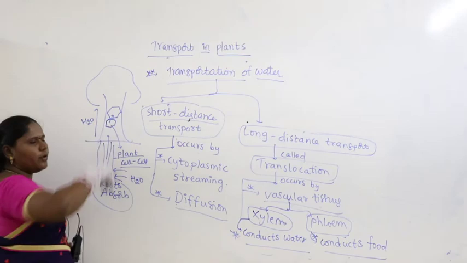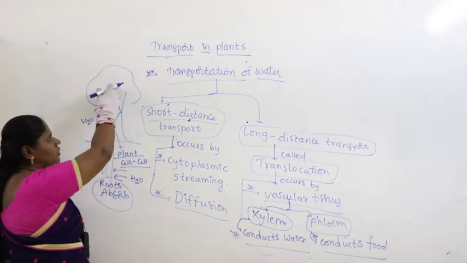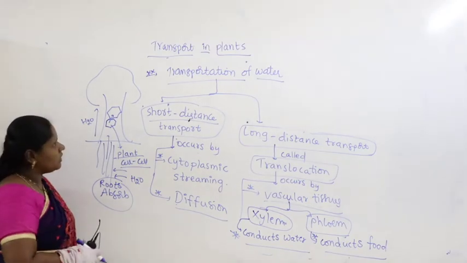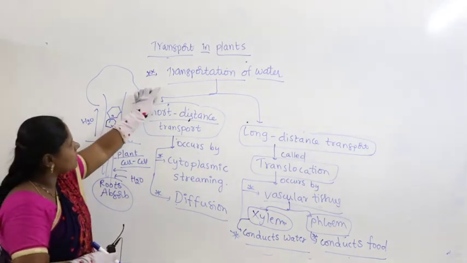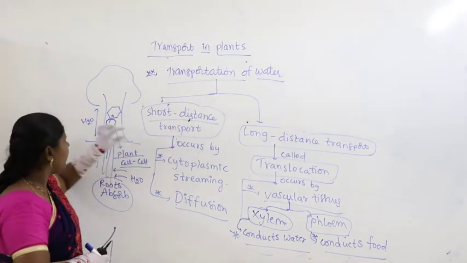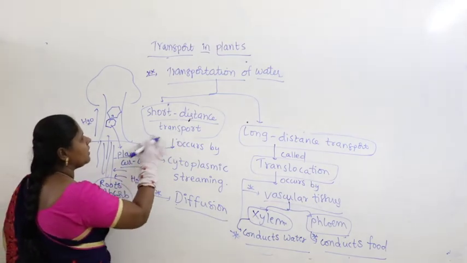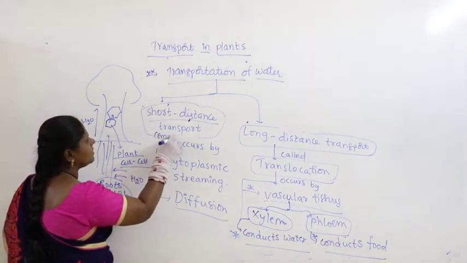There is a movement of water. Later we will discuss how water is moving in the upward direction. But here, short distance transport means transportation occurs for a very small distance.